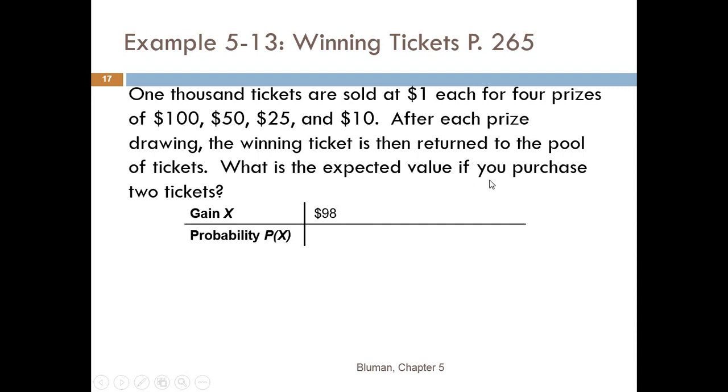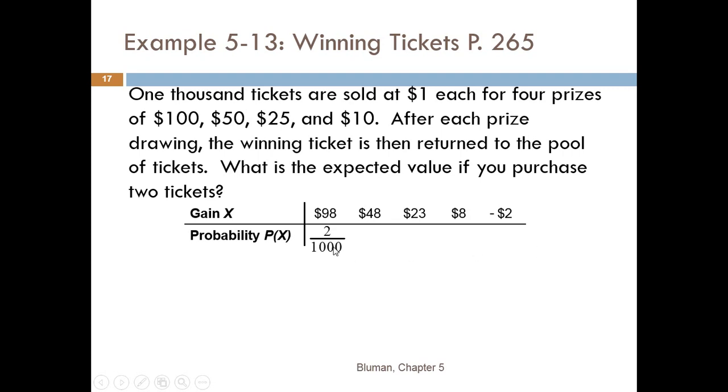So you buy 2 tickets, they do that drawing, and then they put the tickets back. You could win $48. You could win $23, or you could win $8. Where we get that from is these cash prizes minus the $2 you spent on 2 tickets. Okay. Or you could not win anything, and you could lose $2.